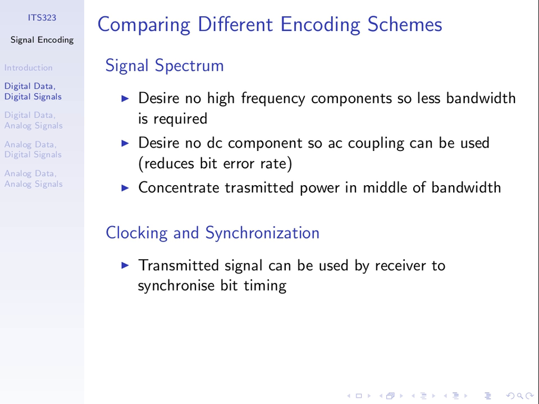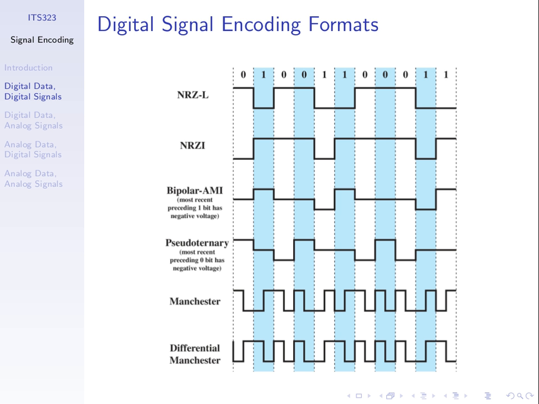Some of the signal encoding schemes allow the receiver to synchronize the clock to avoid these problems, especially, for example, Manchester encoding. Because there's always a transition, when the receiver receives a transition, it knows that it's a new interval and it can synchronize its clock.